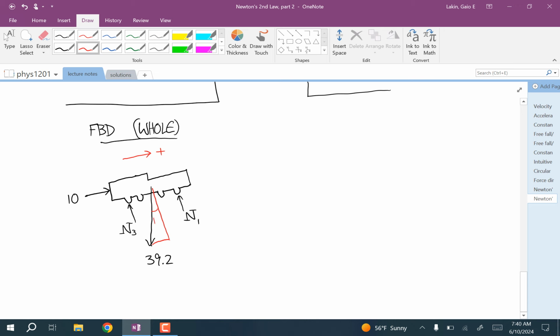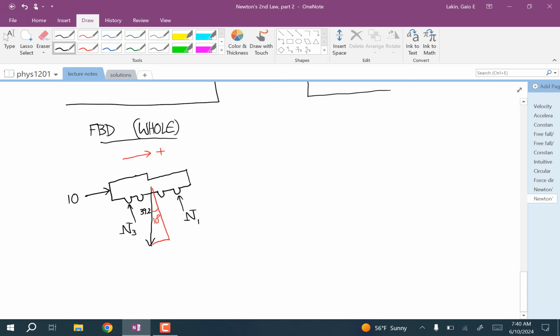This angle is 10 degrees. The hypotenuse here is 39.2. And the component that is going to go into Newton's second law is the one that's parallel to the line of motion.